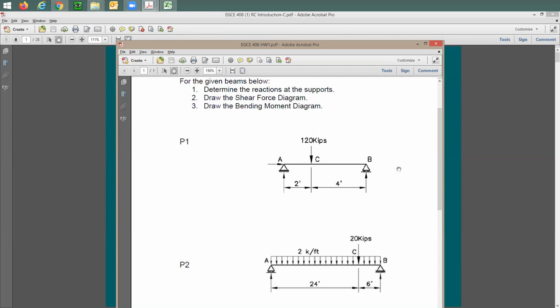So you need to know exactly how much load you want this structure to support. This is why I'm asking you here to figure out the reactions, the shear force diagram, and the bending moment diagram, because this is going to give you the forces applied on the structural members. These forces you may call the demand. Demand means the forces that you want the structure to support.